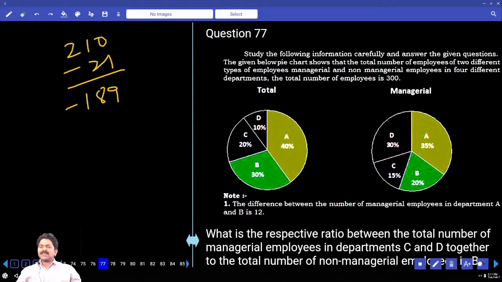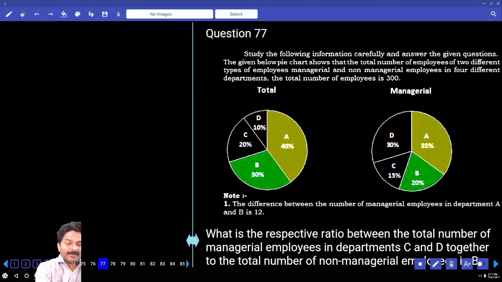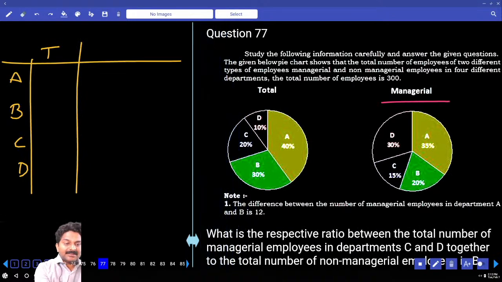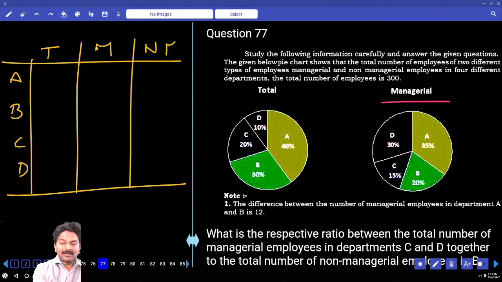The given below pie chart shows the total number of employees of 2 different types of employees, managerial and non-managerial employees, in 4 different departments. The total number of employees is 300. So we have A, B, C, D. They are talking about total. First circle shows the total. Then it is managerial and the other one is non-managerial.